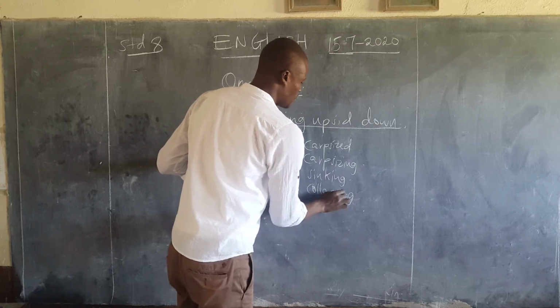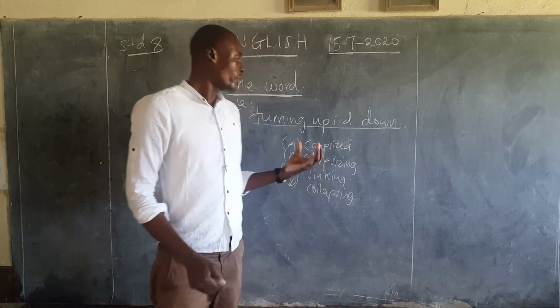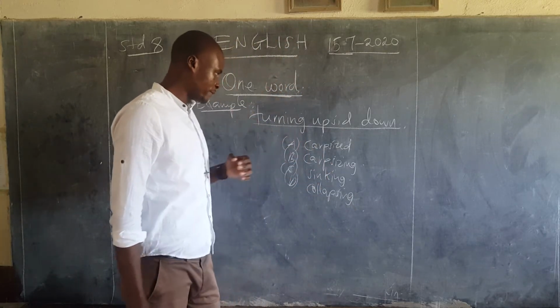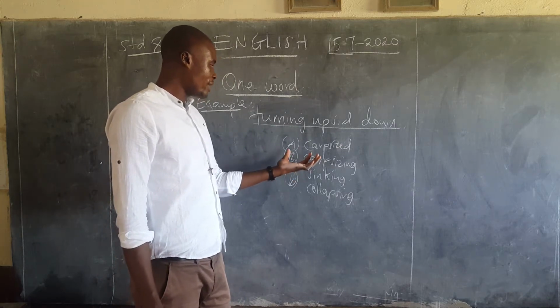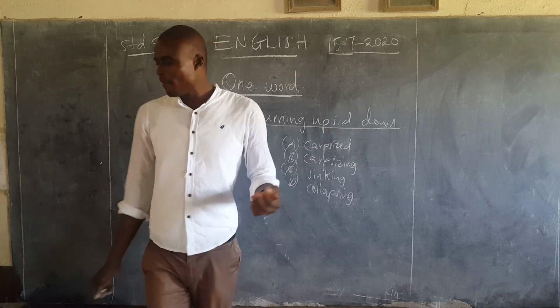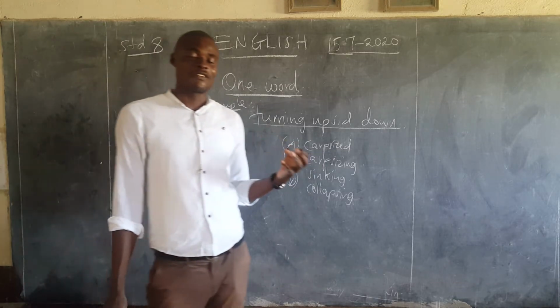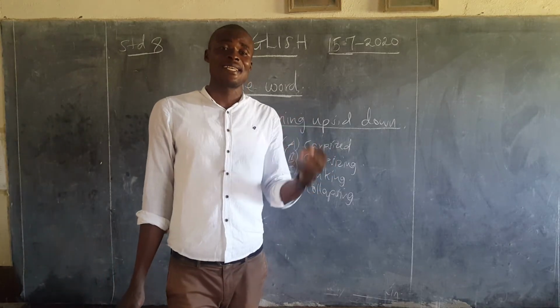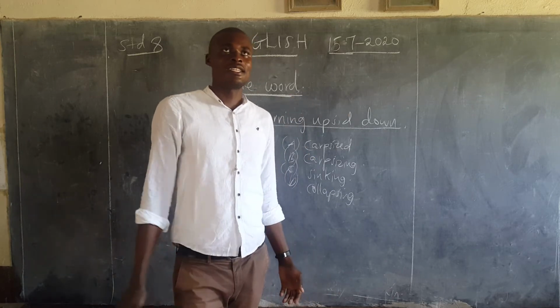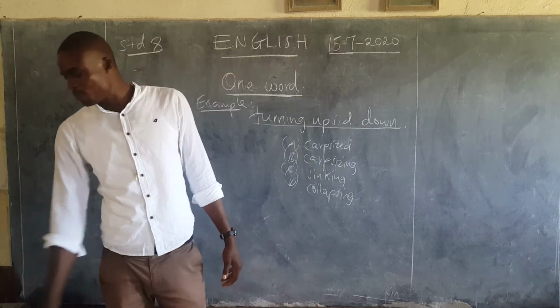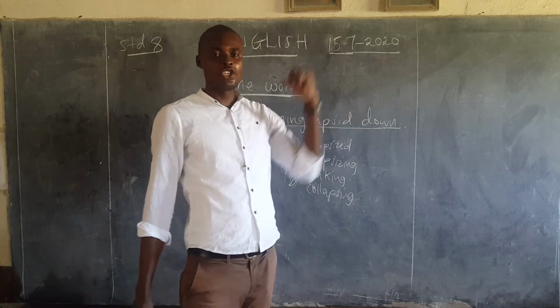So in the examination, learner, what we have to do is check these words that are given. Look at them. We can see A, capsized. And remember, look at the tense of the sentence. Yesterday we saw: yesterday means it was past, so it's past continuous.